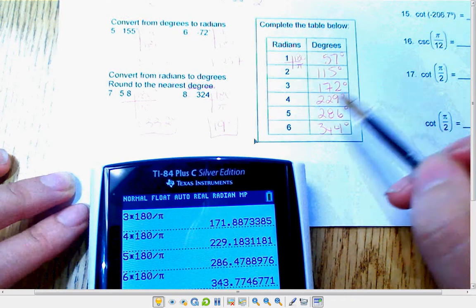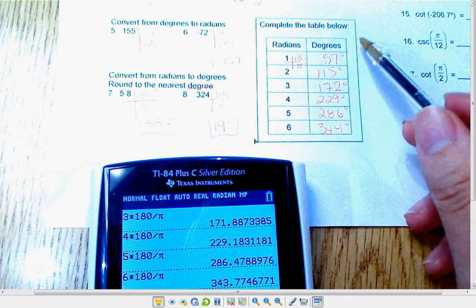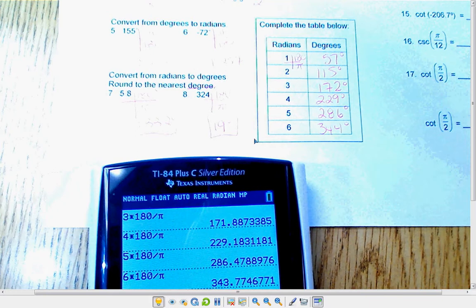Okay, so each of these radians is equal to this number of degrees.